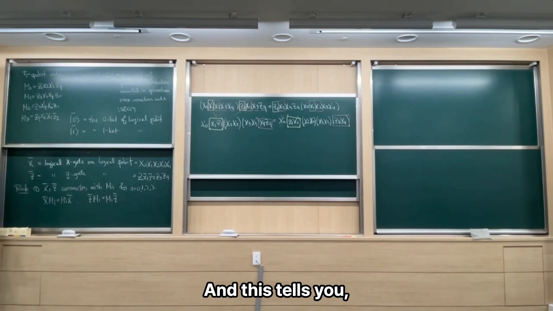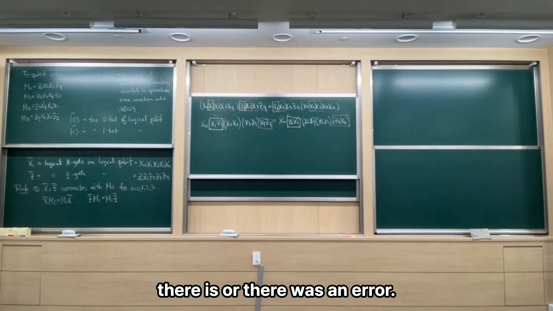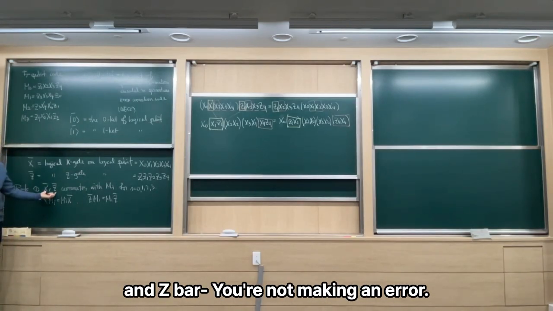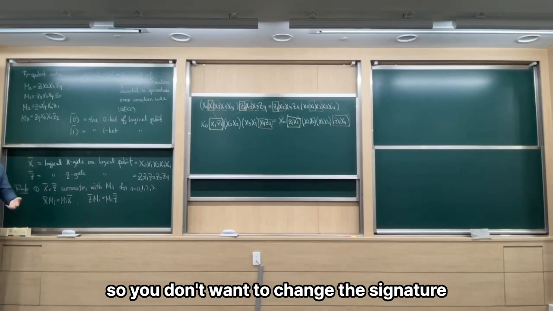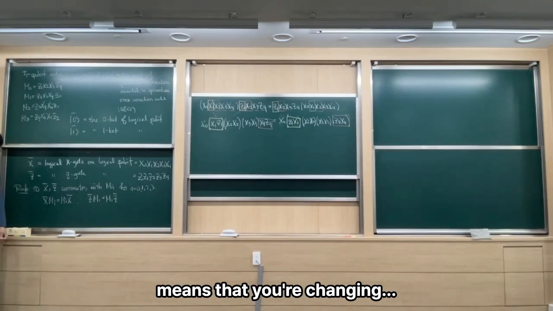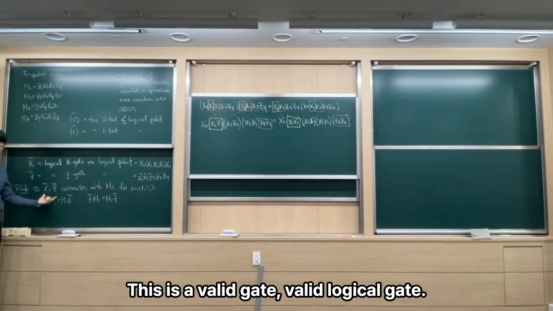The change of signature tells you there is or there was an error. However, when you apply X bar and Z bar, you're not making an error. You're actually doing some computation. You don't want to change the signature, because changing the signature means that you're detecting an error. This is not an error. This is a valid logical gate.